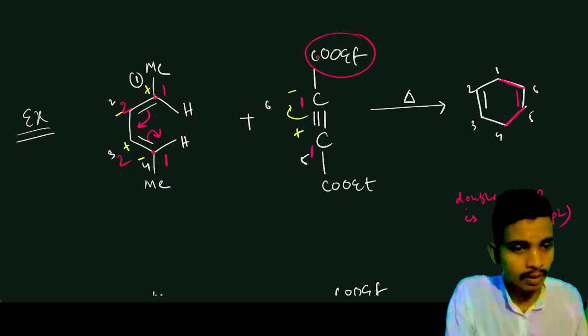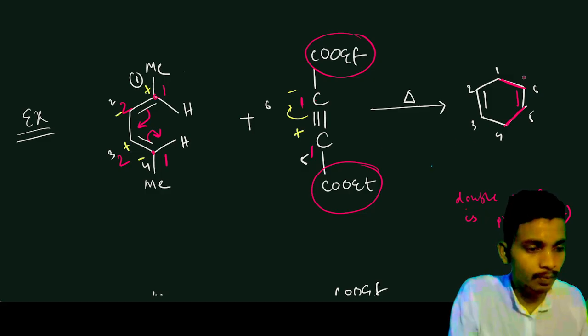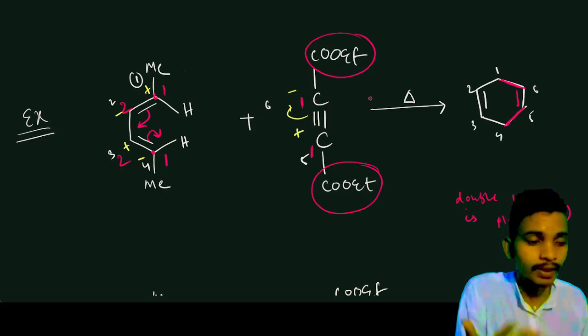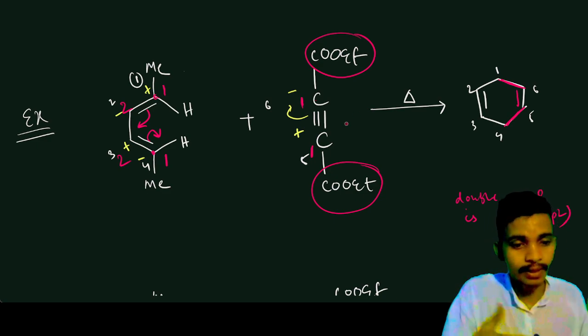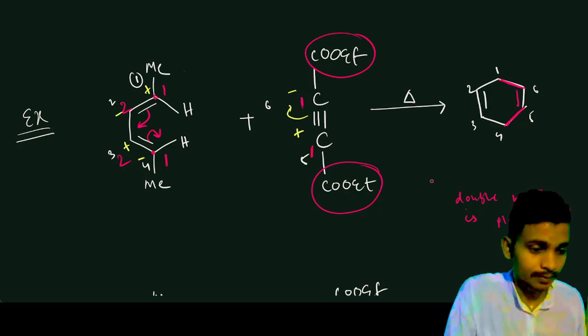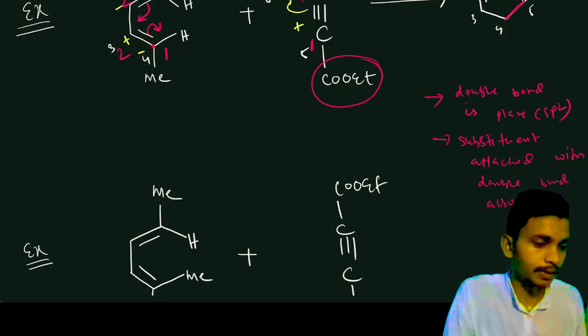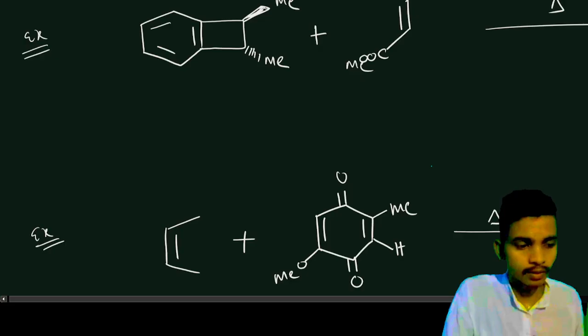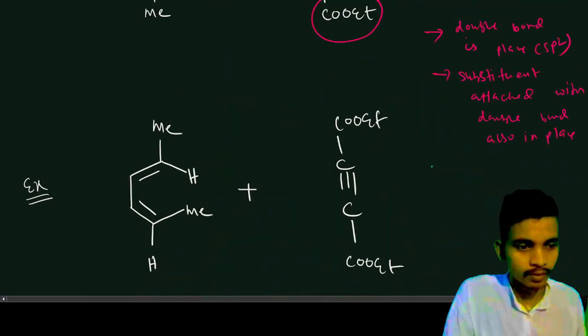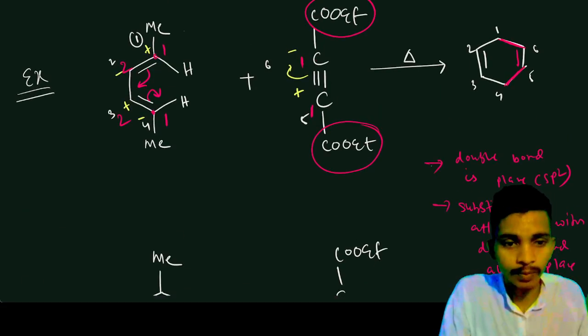So the substituents attached to the double bond also remain in the plane, because if the molecule is planar, then the substituents attached to it also remain in the plane. So the double bond is planar because it is sp2 hybridized, so the substituents attached to the double bonds are also in the plane. Now only this stereo you have to look at.